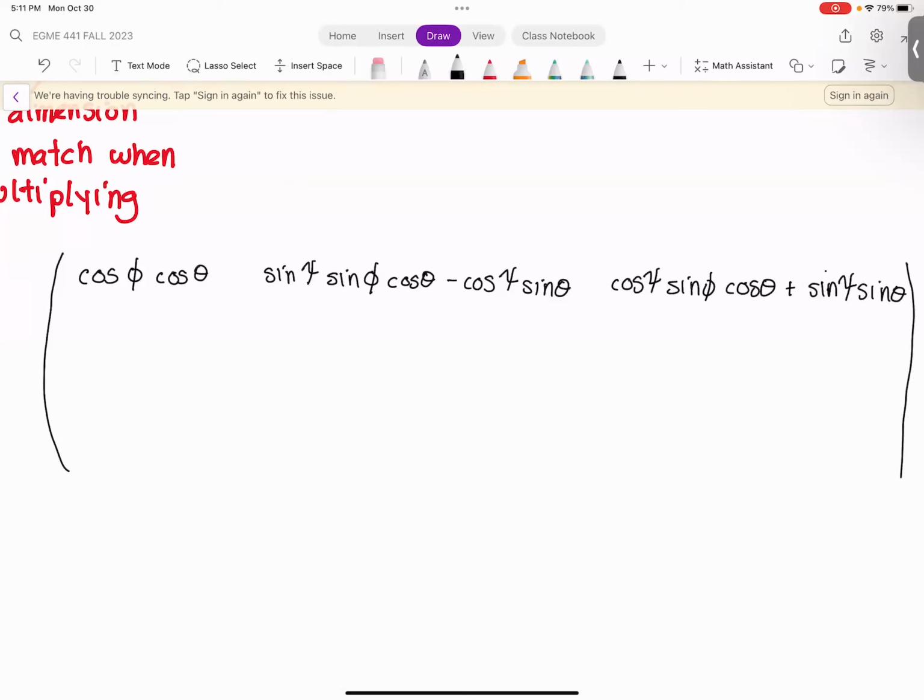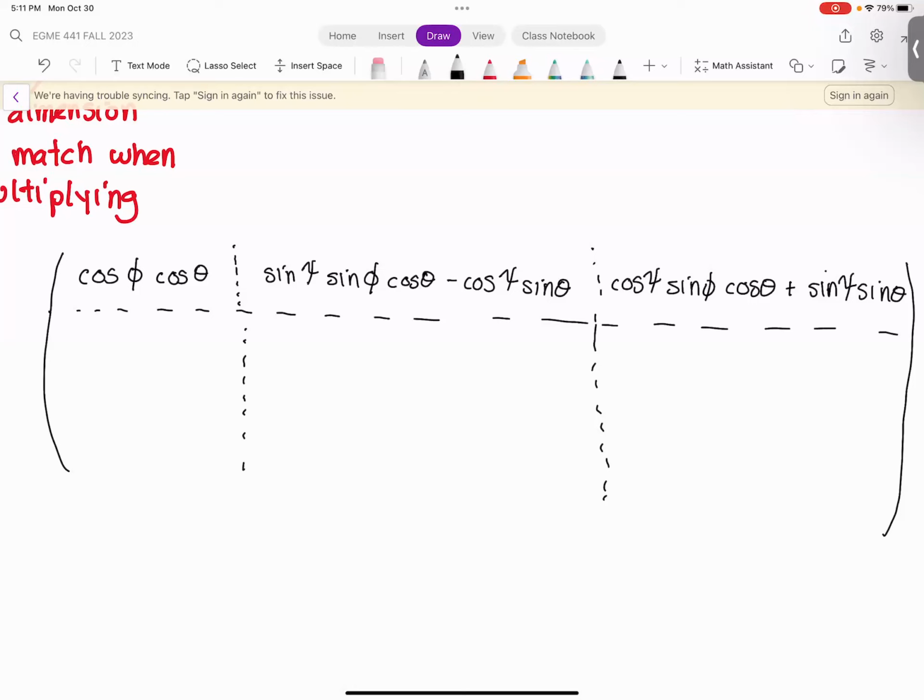So that's the first row. And let me draw dotted lines here to indicate the separations between the entries.